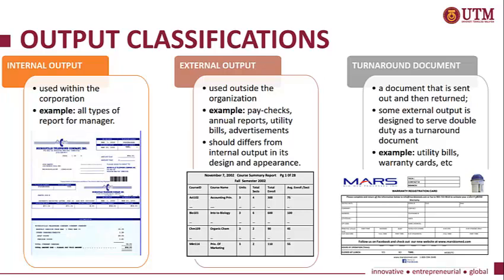The range starts from short summary reports to detailed reports. Examples of internal output are the summary report, detailed report, historical report, and exception report. All these types of reports are actually for managers in the organization.